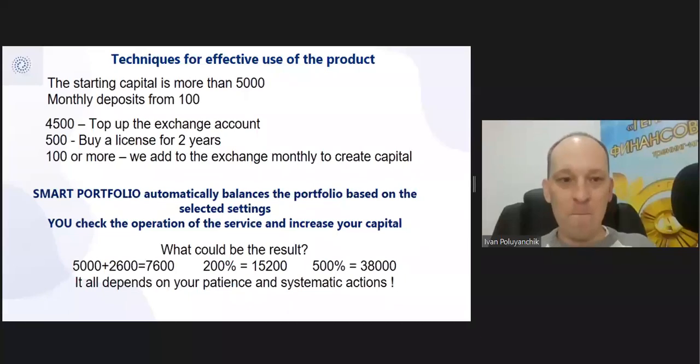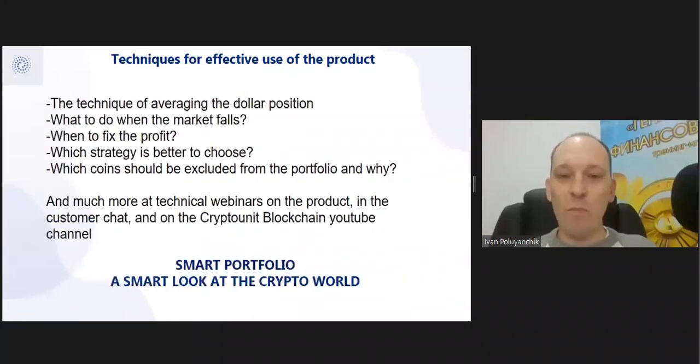Next slide, please. Further details of the strategies to set up, to navigate, to configure, and which strategies to use.